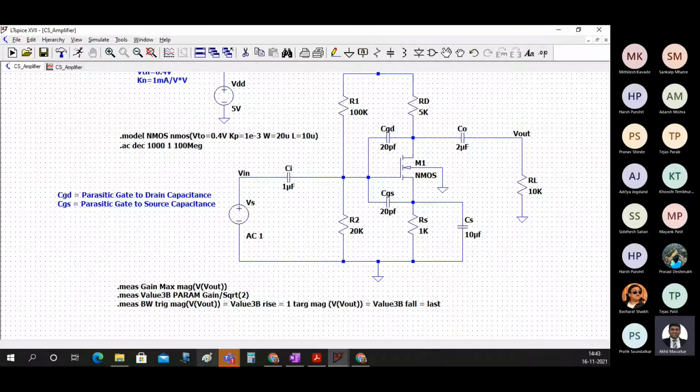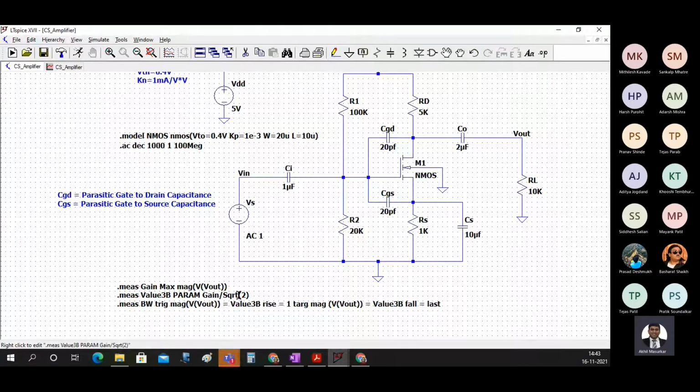So now we are telling .measure, again the variable is value 3dB, that is the 3 dB point, param. So I am defining a parameter. I am using gain and dividing it with something.